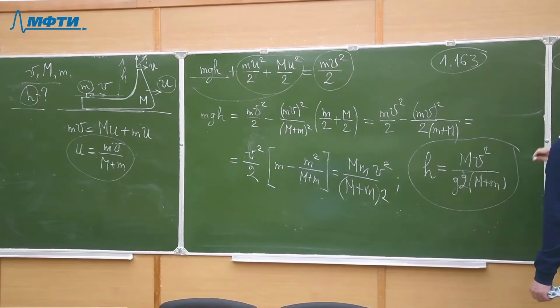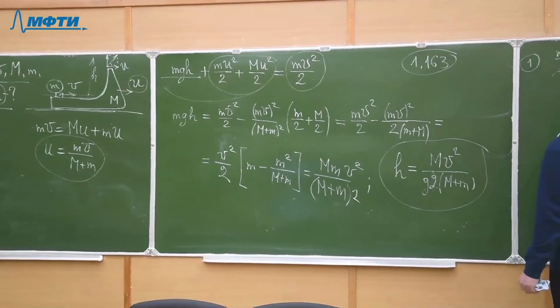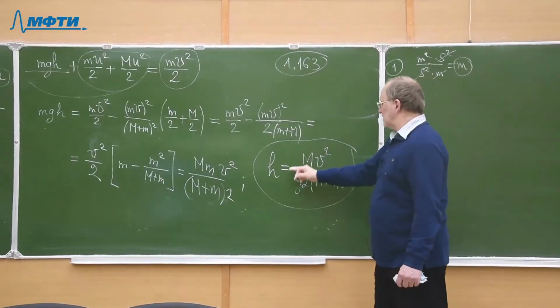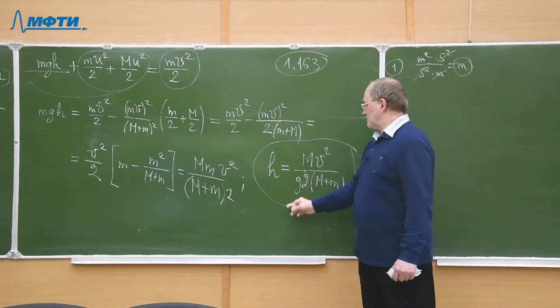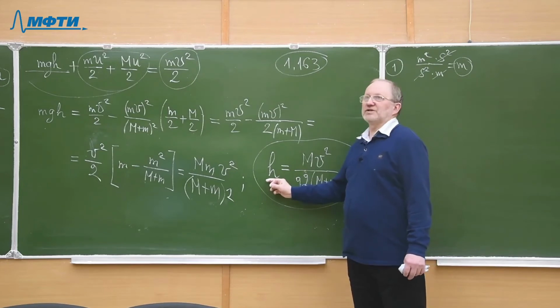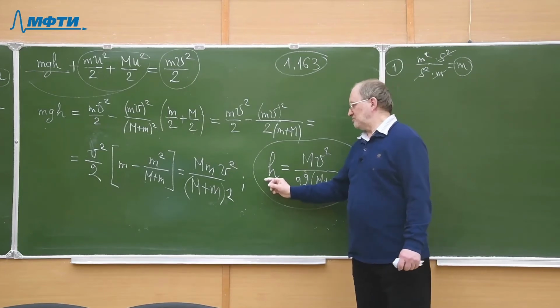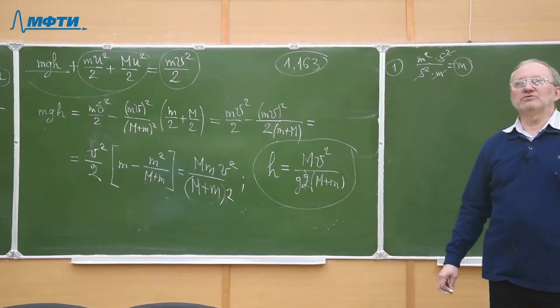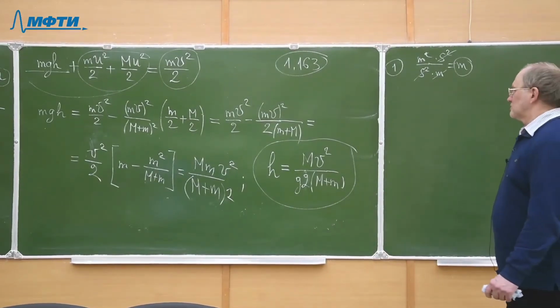And acceleration of free fall will be meters per second squared. So after all is cancelled, we obtain meters. So this formula gives meters. That's what we need to measure the height. The height should be measured in meters. And the formula is correct as far as the units of measurement are concerned.